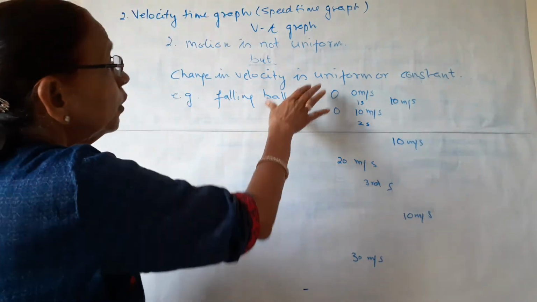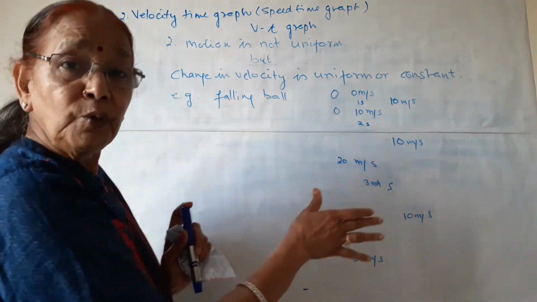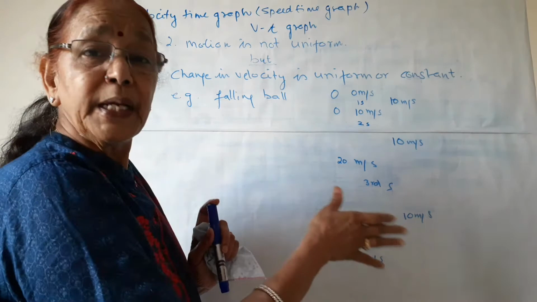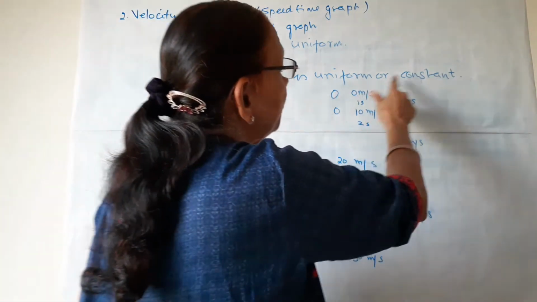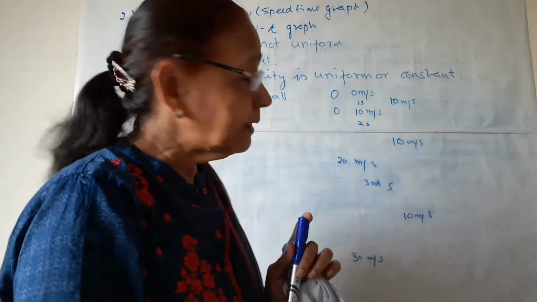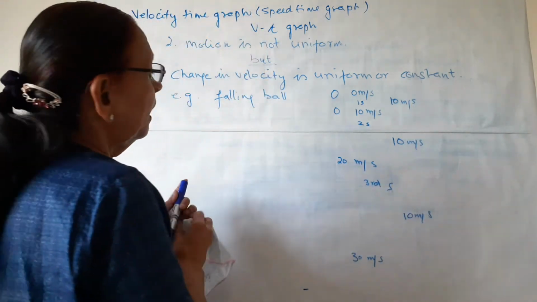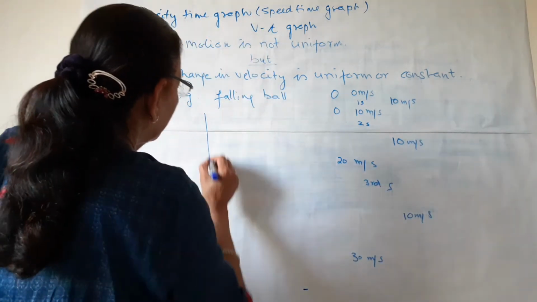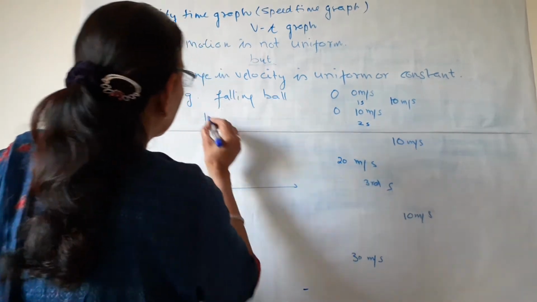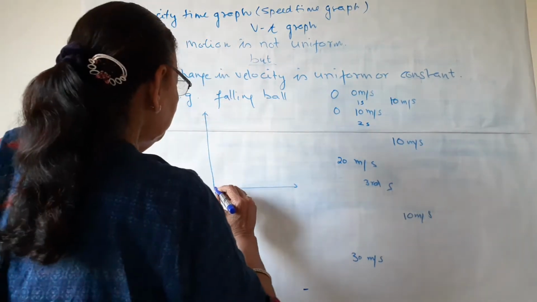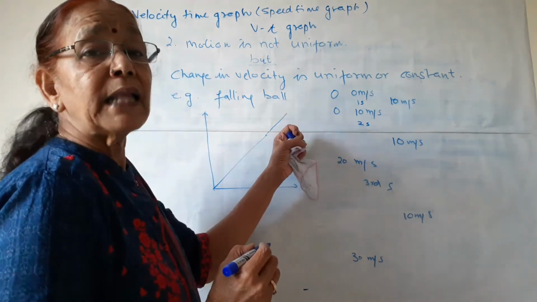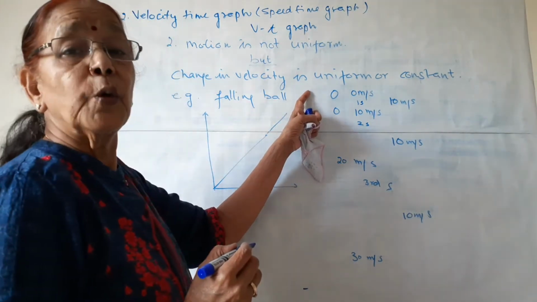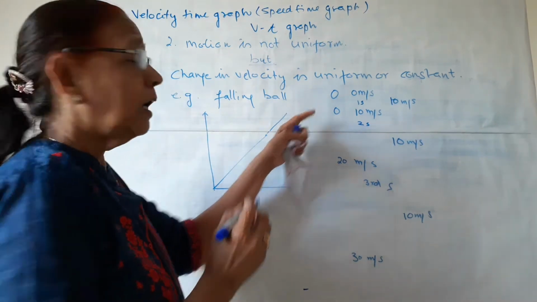So we say, though the motion is non-uniform as the speed is changing, but change in velocity is uniform or constant. This is the second case. And now we will plot the graph for this type of motion, and we will get a straight slanting line which is going upward, inclined upward.